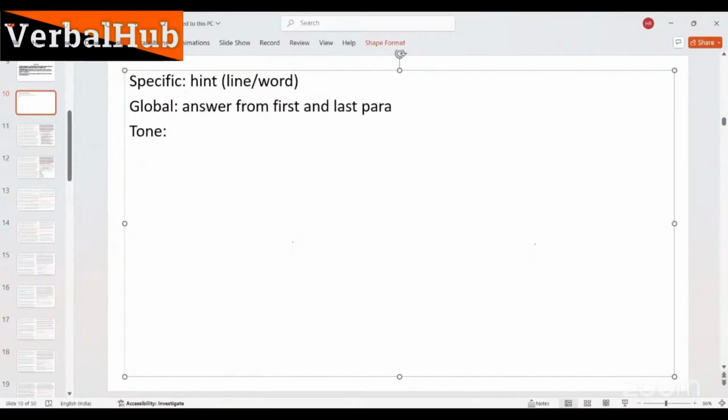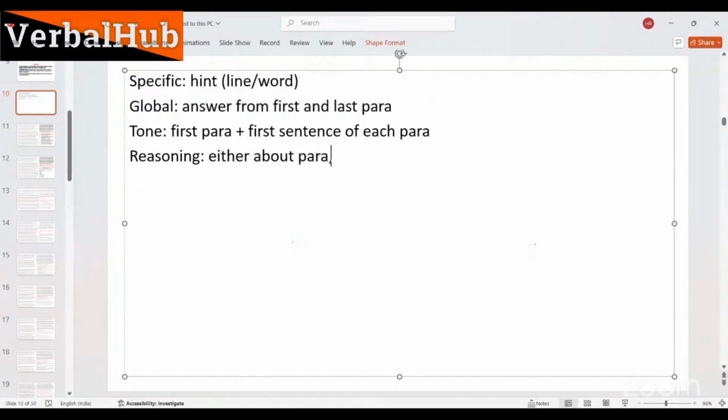Tone means the first para plus the first sentence of each para. All right. Reasoning means either about a para or a line, so you have to check why. That is called a reasoning question. Evidence and inference questions both require whole passage reading, but inference will be complicated and evidence will be directly related.